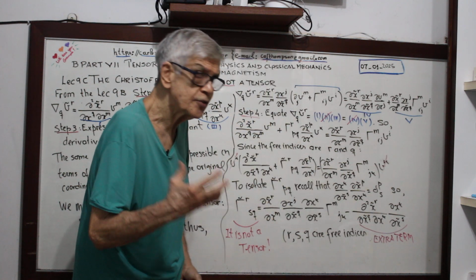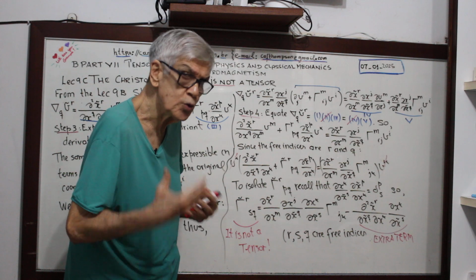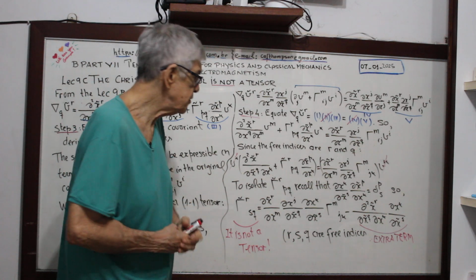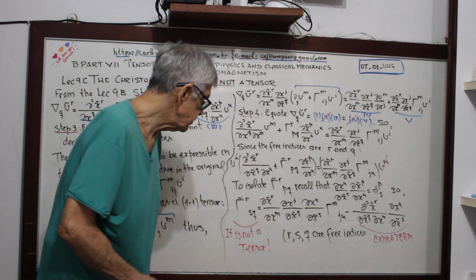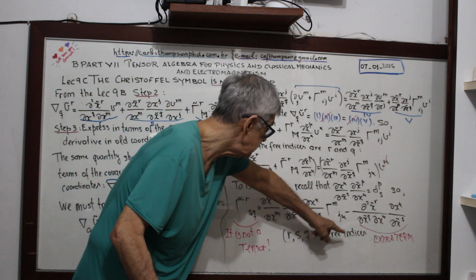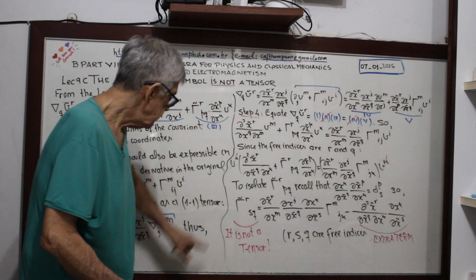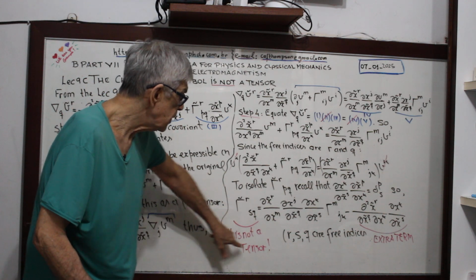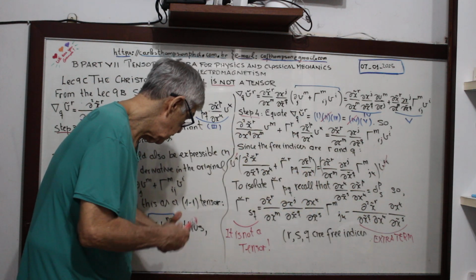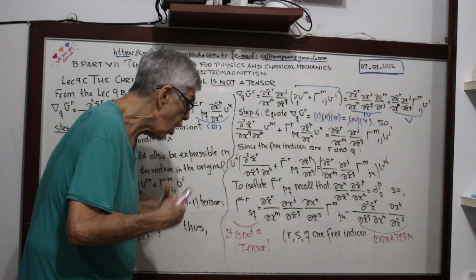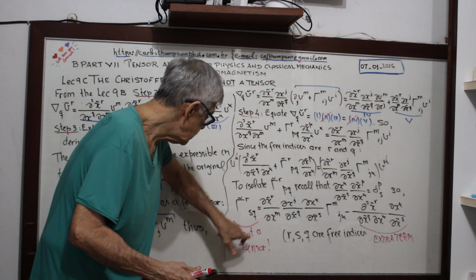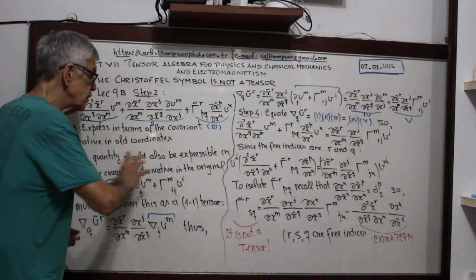These extra terms ensure that the Christoffel symbol is not a tensor. That's a very interesting result. Also remember that R, S, and Q are free indices here. Then you see the red one over there. This result allows me to say that the Christoffel symbol is not a tensor. That's quite clear.